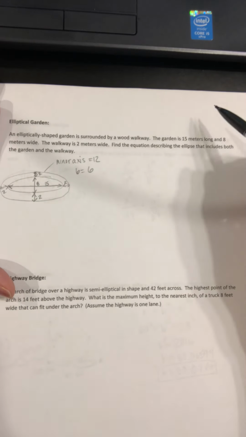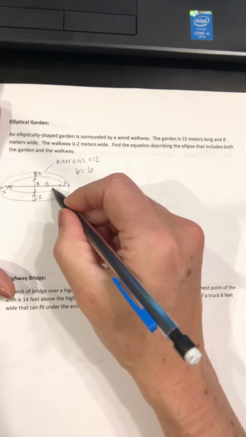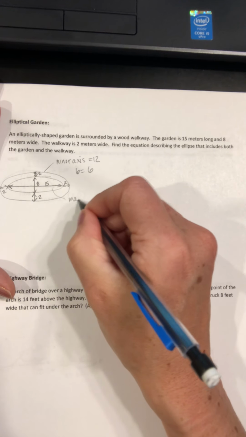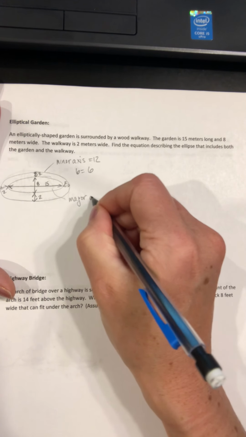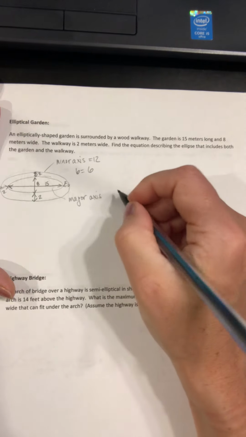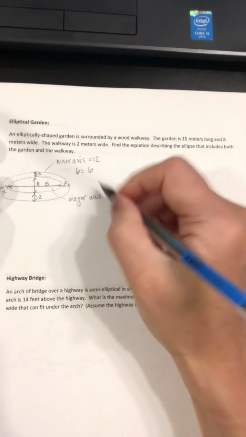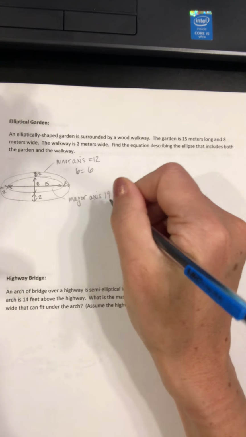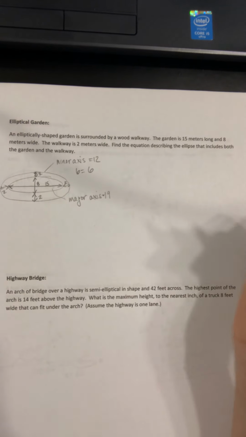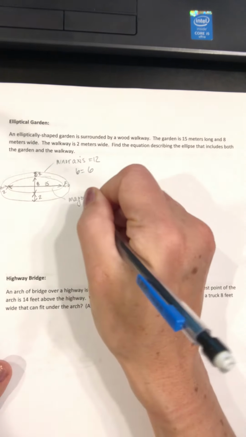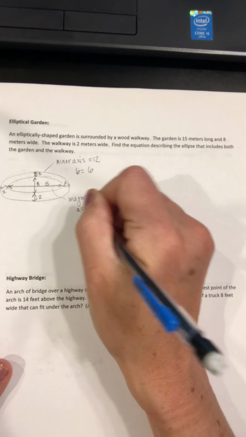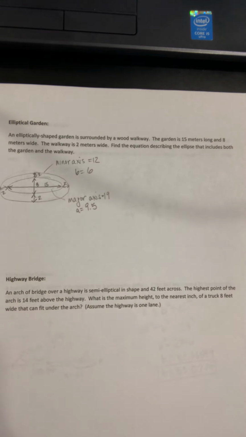Because it's always half of that, all right? And then here, my major axis would be, what do we have? 15, 17, 19, okay? So therefore, half of 19, what's that, 9.5? So A is 9.5, okay?